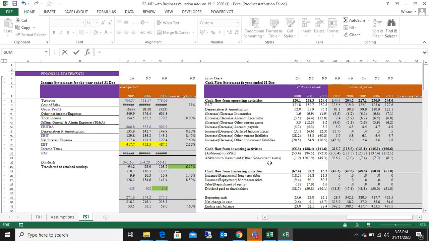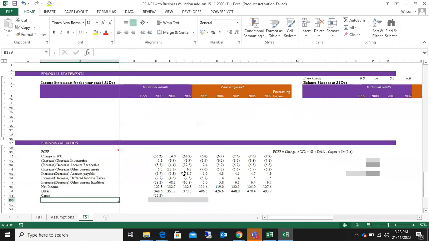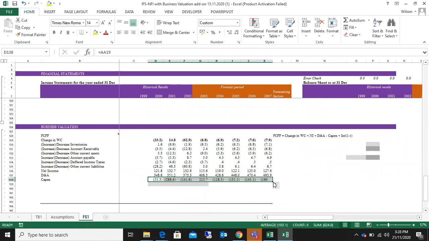So what we're going to do is open a bracket and say this plus, or better still, it's faster to just pick the cash flow from investing activity. Yes. So we pick that one, we can take it there. All right. So that's what we have for capex.